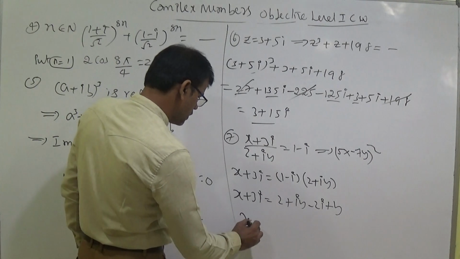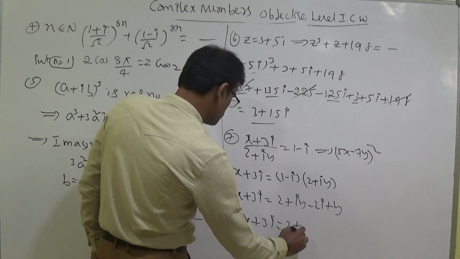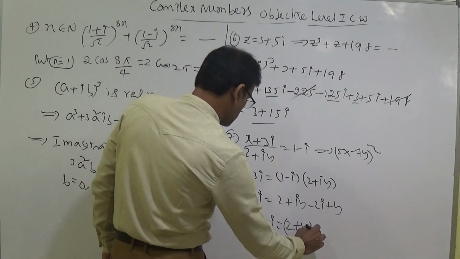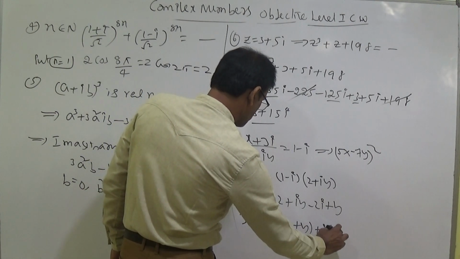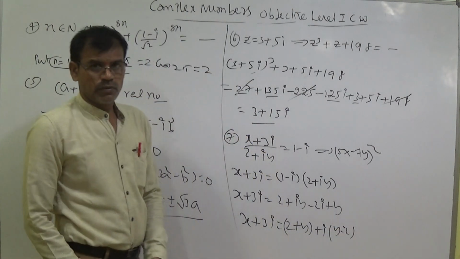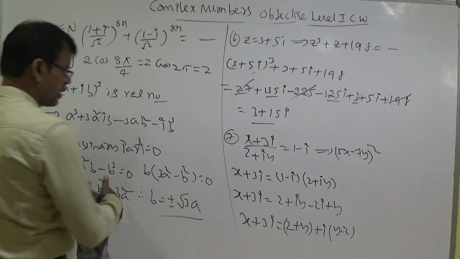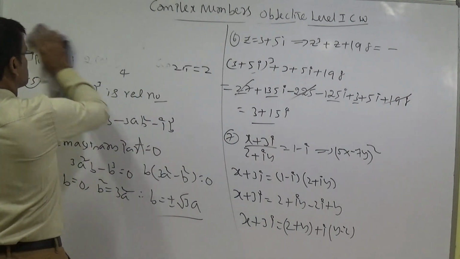So write like this: x + 3i is equal to 2 + y + i taken common here, you can write y − 2 within the brackets.